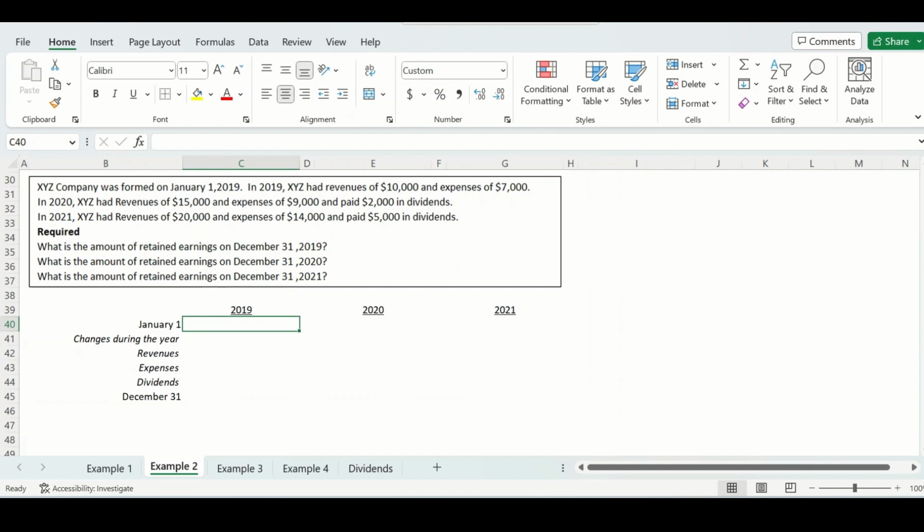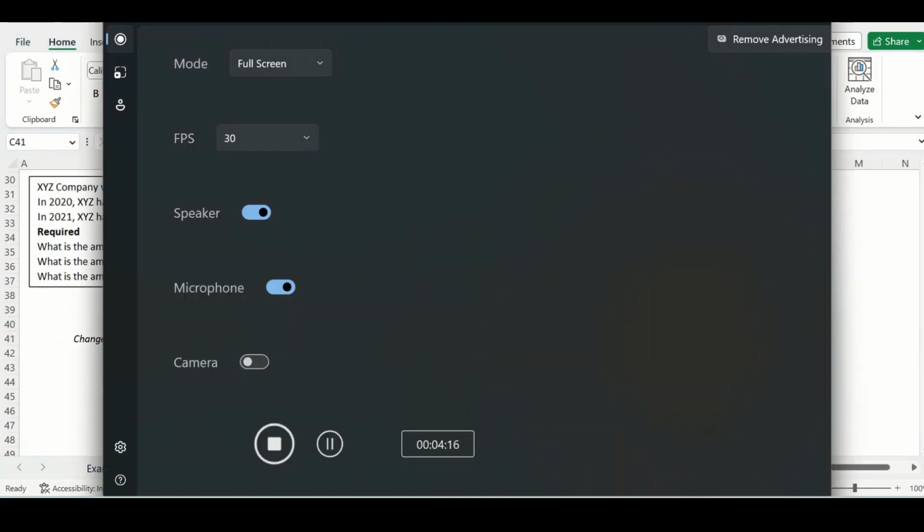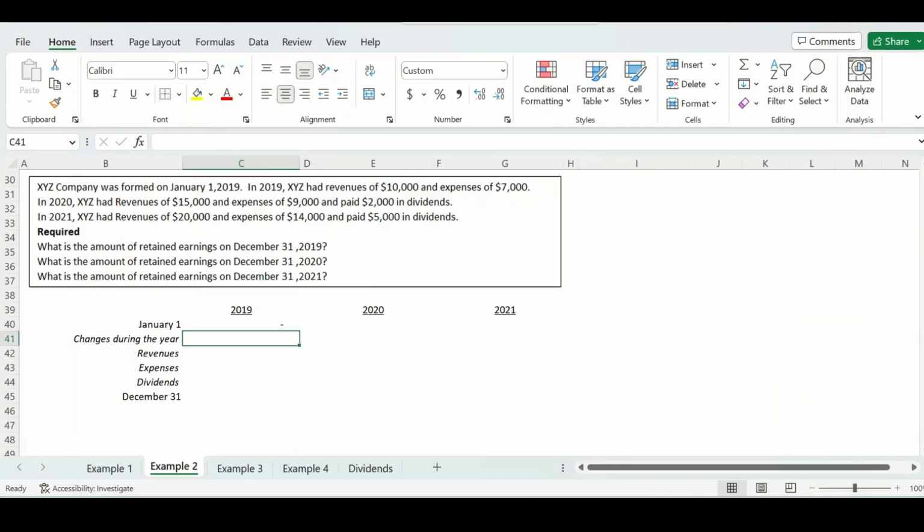So on January 1, 2019, this was a big day for the company. This is when the company was formed. We weren't told that the company was formed with any sort of retained earnings, so we have to assume the company was formed with zero in retained earnings because they haven't made any profits or losses. Next, during the year of 2019, the company had revenues of $10,000.